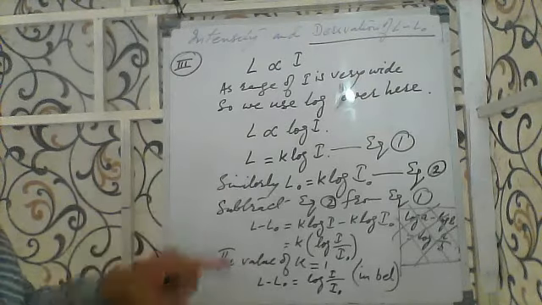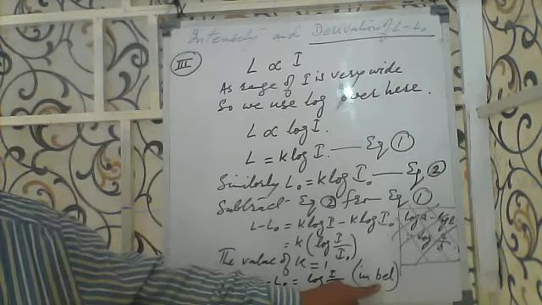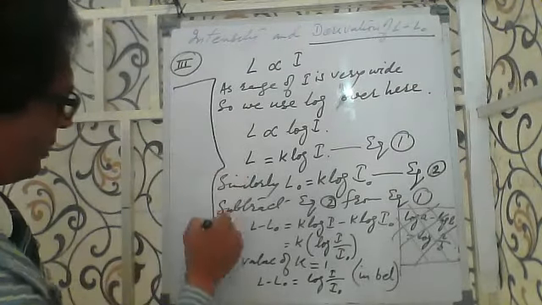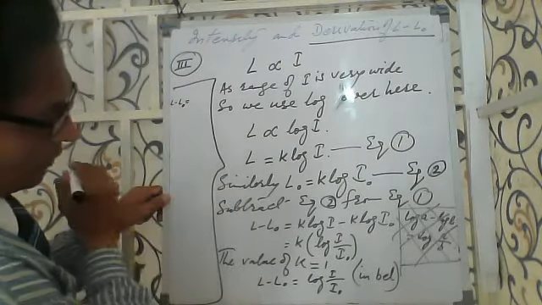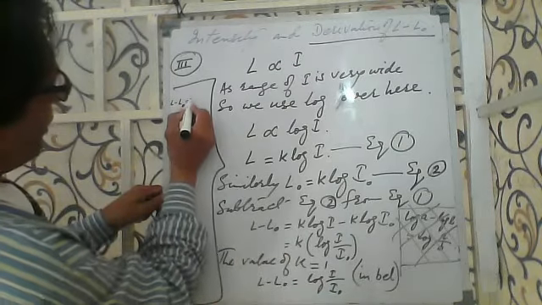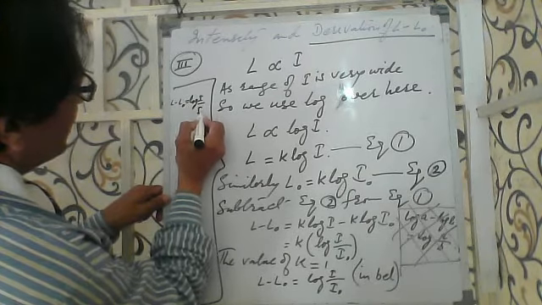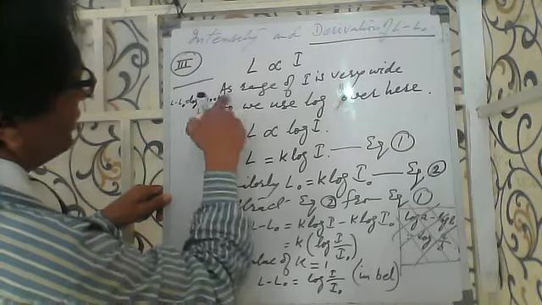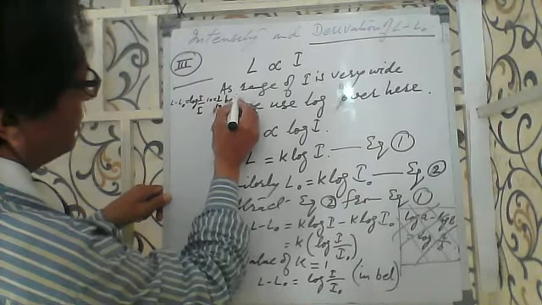So we will shorten this bell also into decibel. How are we going to convert it into decibel? If we take its 10th part, then what we do is, here you see, we will write L minus L naught is equal to log of I by I naught, and here 10 into 1 by 10 bell.